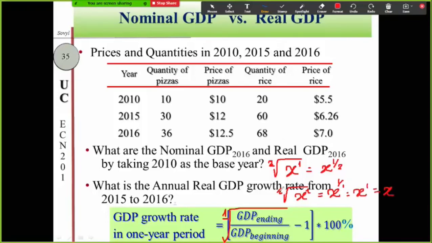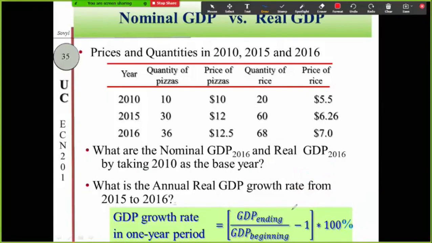That's why you can see the first root is nothing, because it's equal to x, or x exponent 1 here. Okay, that's why the first root is nothing. So in this case, I will not use the first root for that one, because it is only a 1 year period.